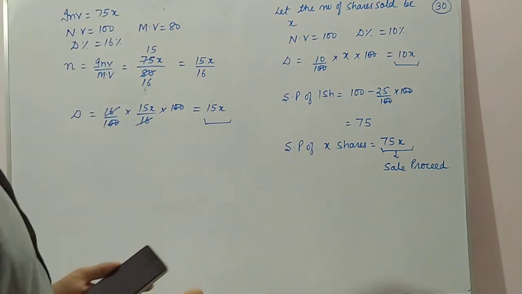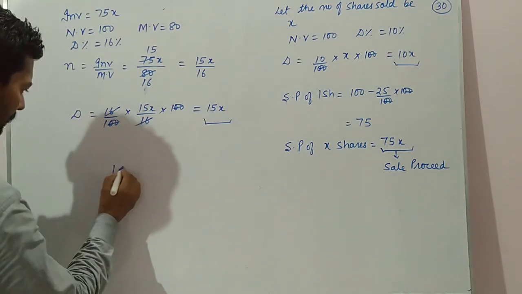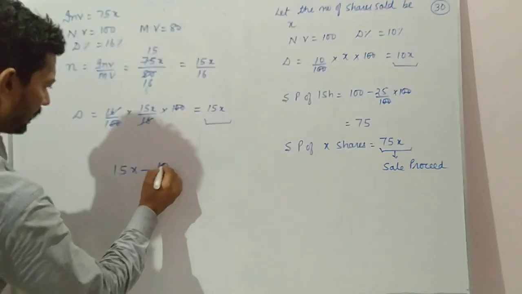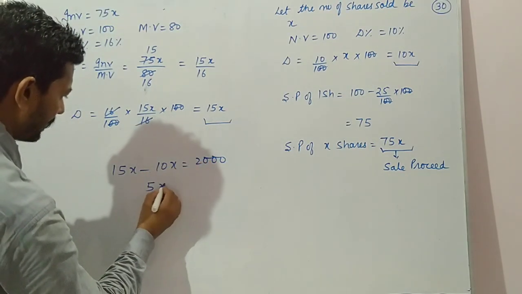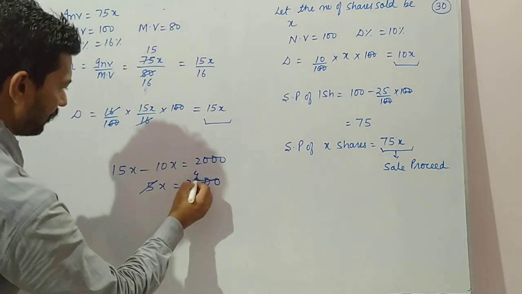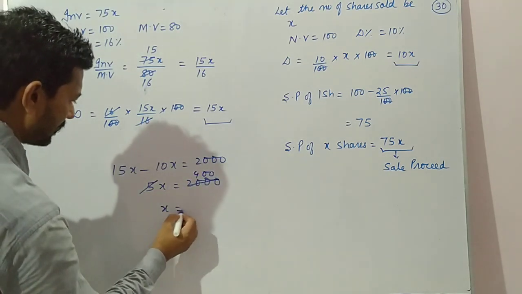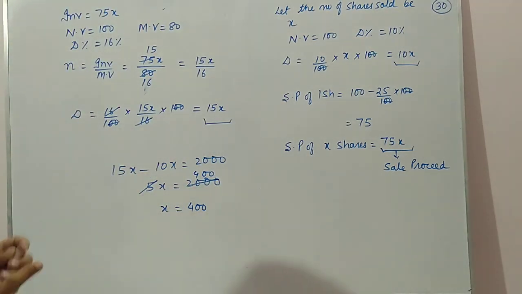So it has increased by how much? 2000. So 15x minus 10x equal to 2000. 5x equal to 2000. 5 4s are 20, so x is equal to 400. This is the number of shares.